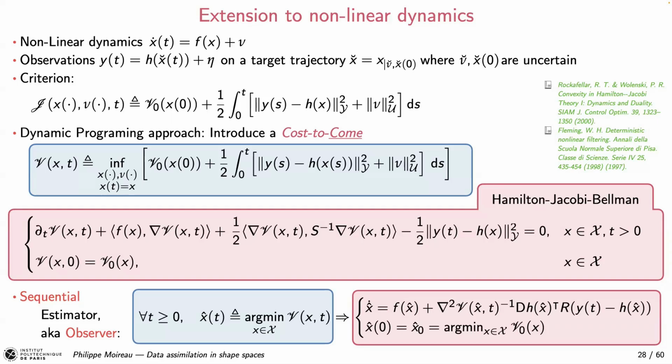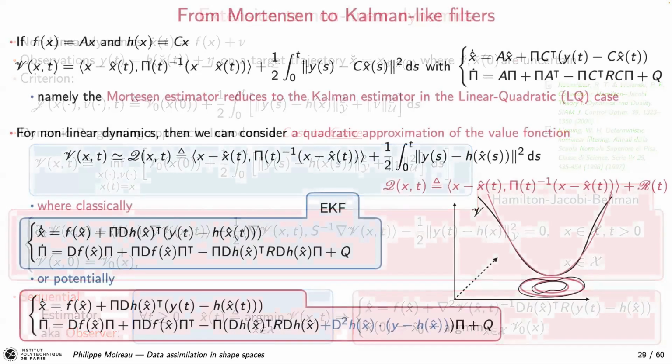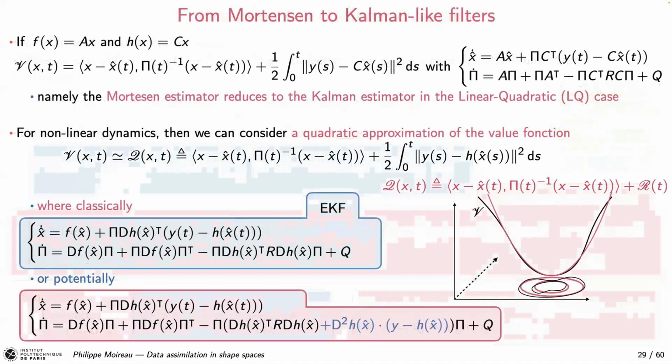Same structure. We call this structure the sequential form, and you can prove that this estimate at time t solves exactly the optimal problem corresponding to that. So the same theorem. I will skip that, but just to show you that it works, one way to see it is to go back to the linear quadratic case.